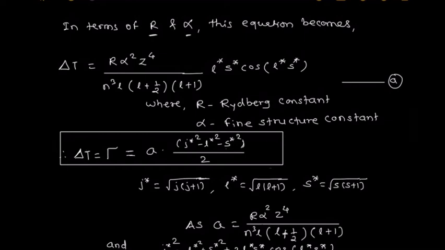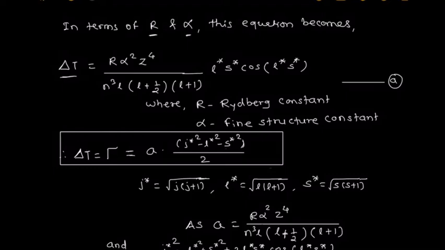We discussed earlier what are the salient features of alkali spectra, and all the salient features of the alkali spectra get satisfied by using that equation. It means the term separation or the doublet separation, that is delta T, is directly proportional to Z raised to 4.